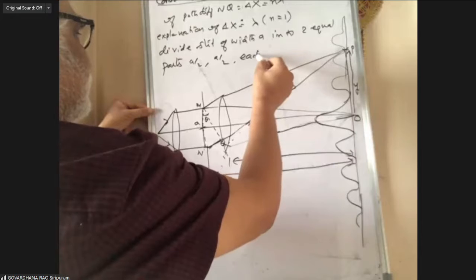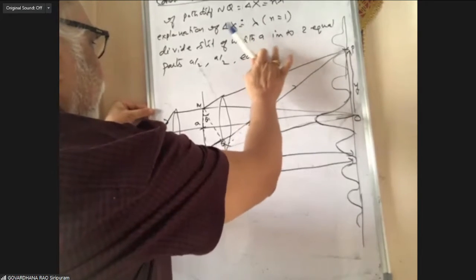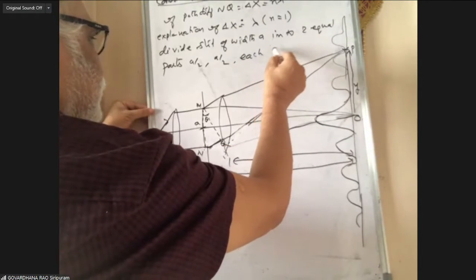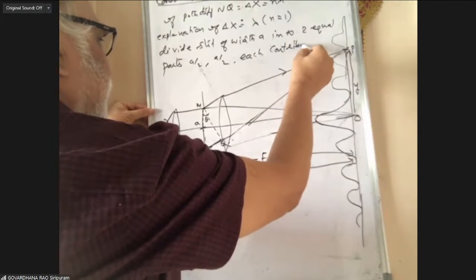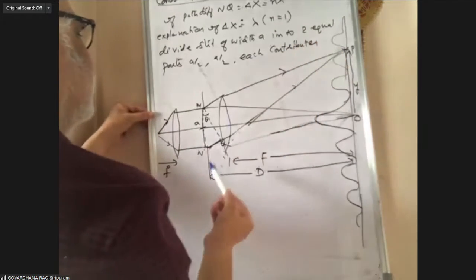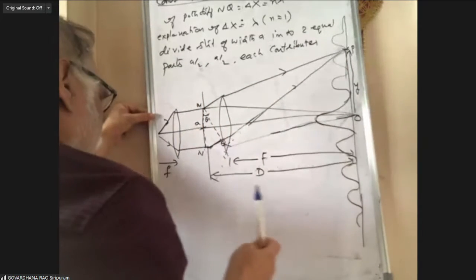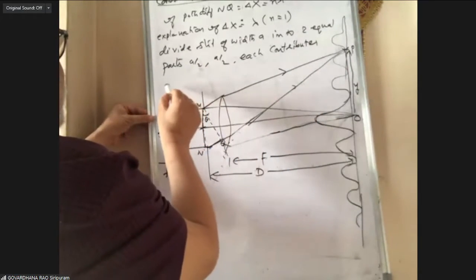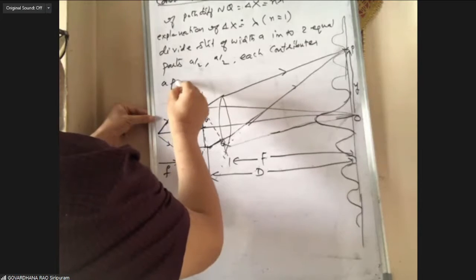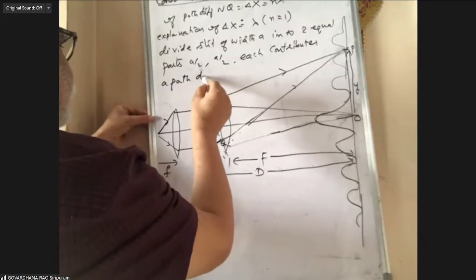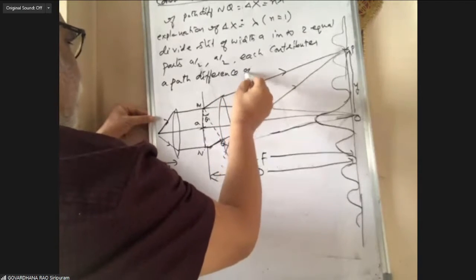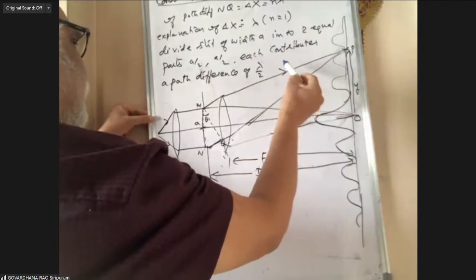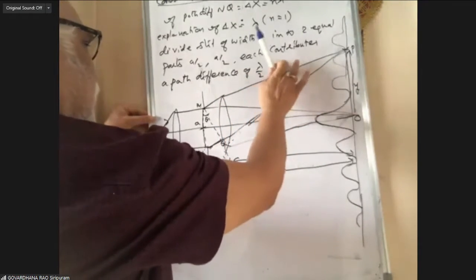Each contributes a path difference of lambda by 2 each.